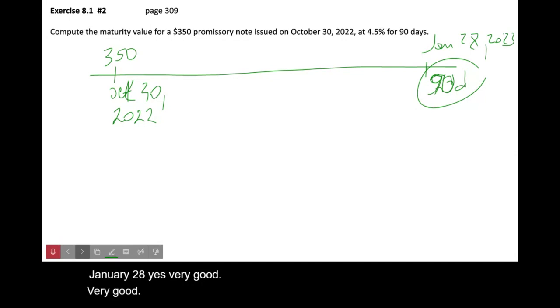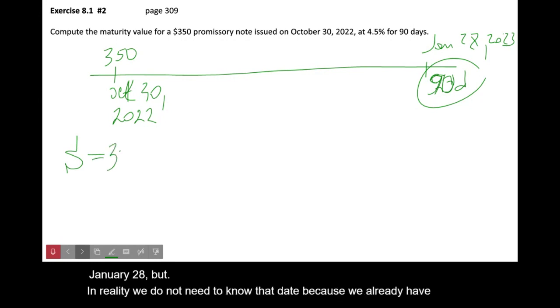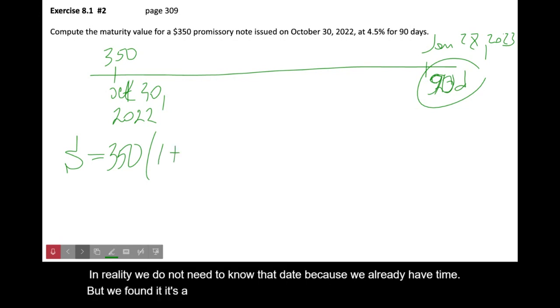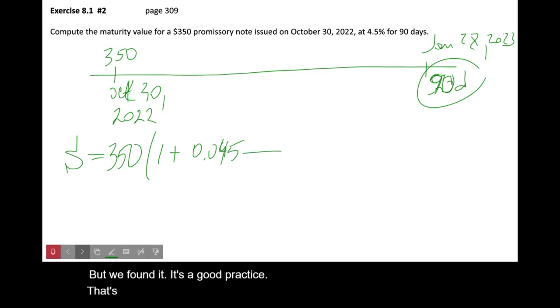January 28th, but in reality, we do not need to know that date because we already have the time. But we found it, it's good practice. That's 490 over 365.